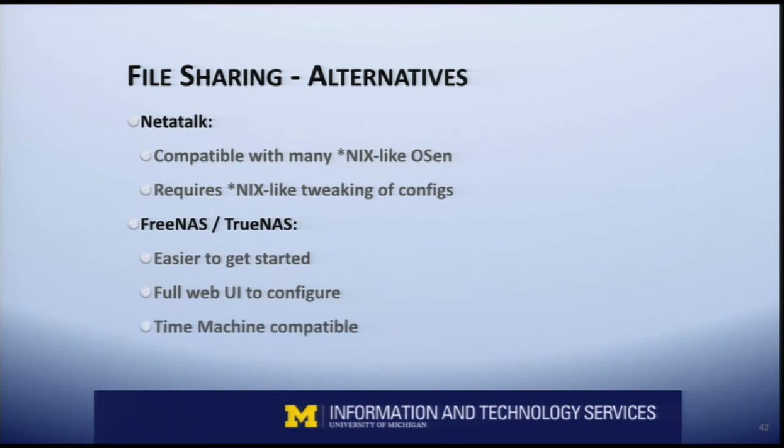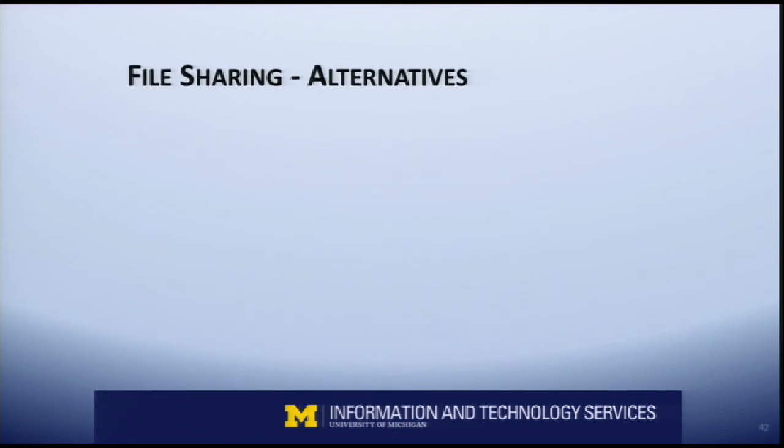And it's Time Machine compatible, as I mentioned earlier. And it uses ZFS, which, if you may or may not know, is a pretty capable and solid file system that uses storage pools and is very disaster recovery friendly. It's very stable, and it's what they base it on.